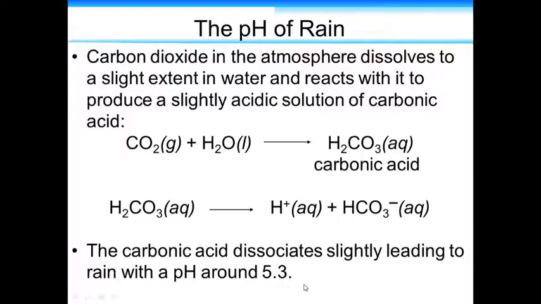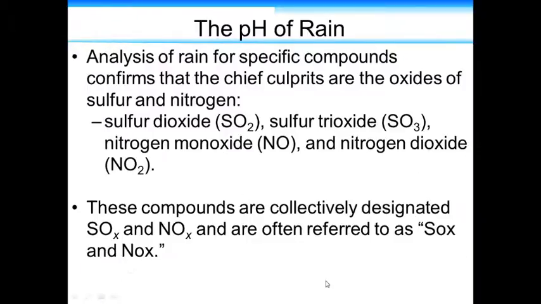And this will lower the pH from about 6 to 5.3. Additionally, the majority of the acidification of rain tends to come from SOx and NOx compounds.